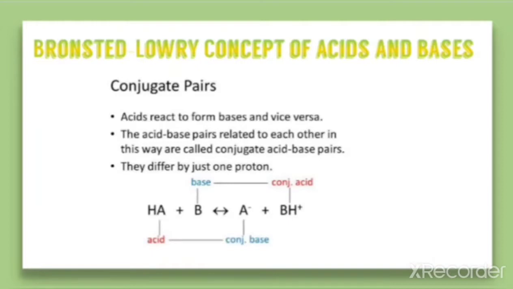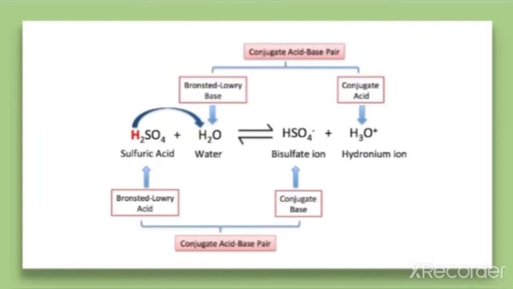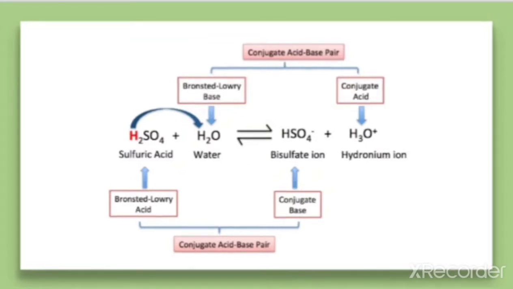Let us take one particular example, that is H2SO4. H2SO4 is sulfuric acid, which with water gives rise to HSO4 negative plus H3O plus. In this, H2SO4 is donating an H positive ion to the water, so it gives rise to HSO4 negative plus H3O plus.